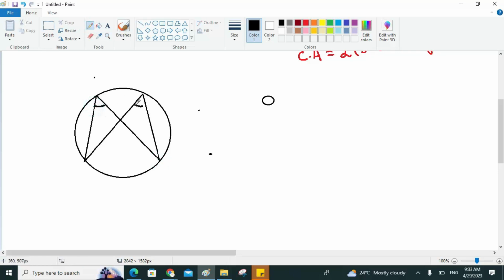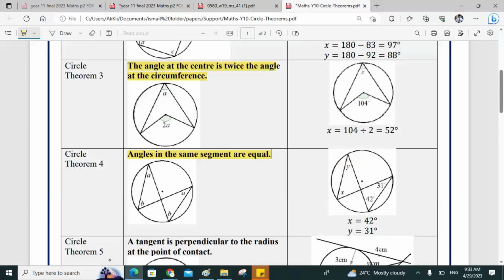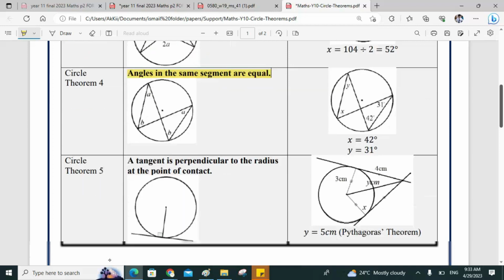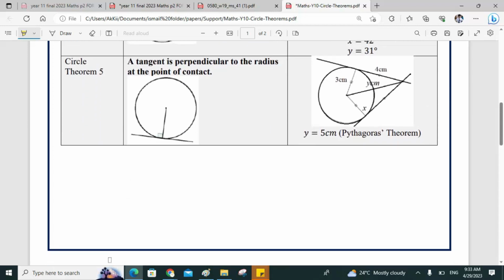This angle will be equal to this angle, right? Let me see, is there any other relevant point here? Yes, this is also a relevant point. The tangent is perpendicular to the radius of the circle. The tangent is always at 90 degrees to the radius.